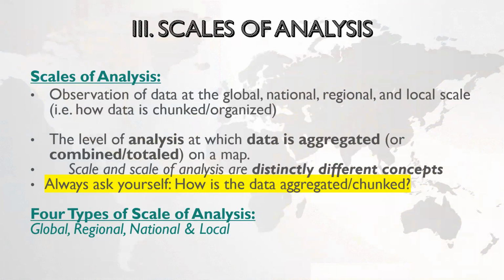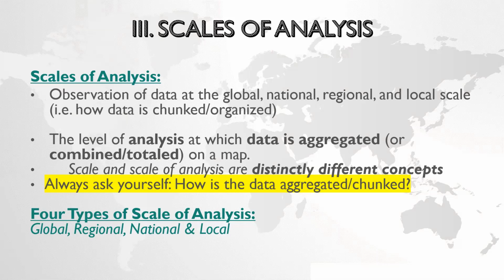When we're talking about scales of analysis, we're talking about the observation of data on a global, national, regional, or local scale. In other words, how the data is chunked or organized. Another way to put it is the level of analysis at which the data is aggregated, again, how the data is organized and combined.